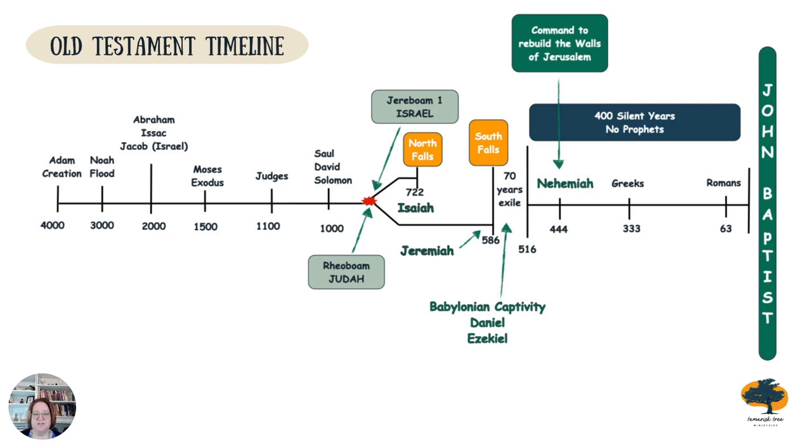So this 400 silent years is a testing time for the Jewish people. Are you going to get back into paganism, or are you going to remain faithful to the God of the heavens? And to their credit, they don't. They don't go back into idolatry. They learned their lesson. There's no evidence at this point that they were doing any kind of pagan practice, so that was huge.